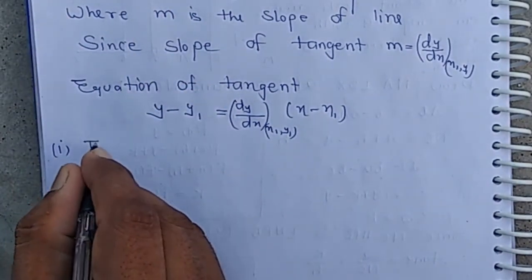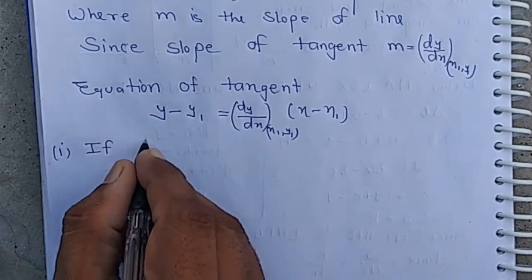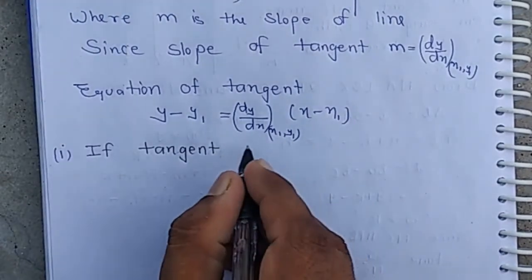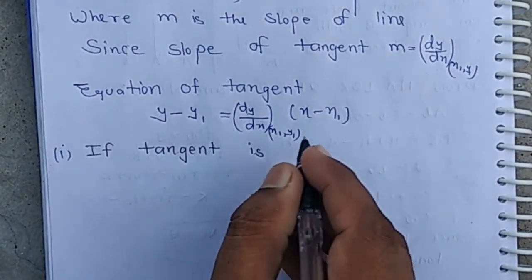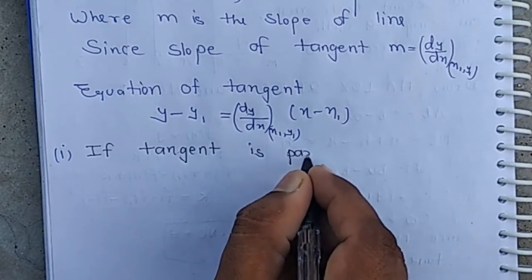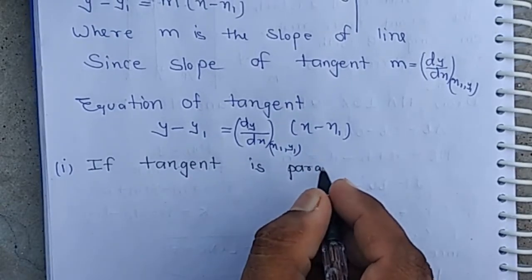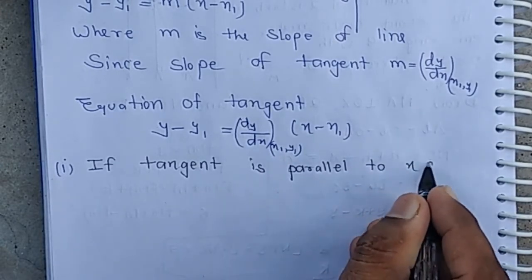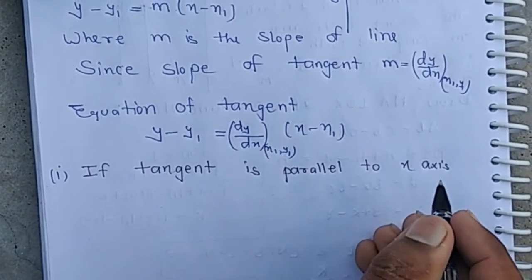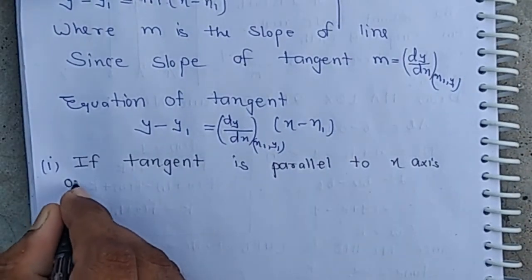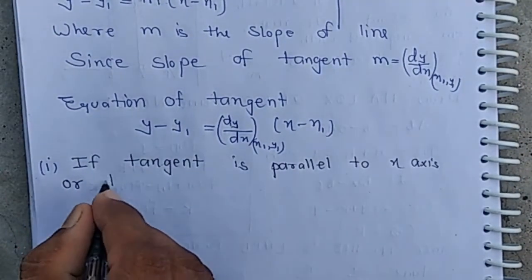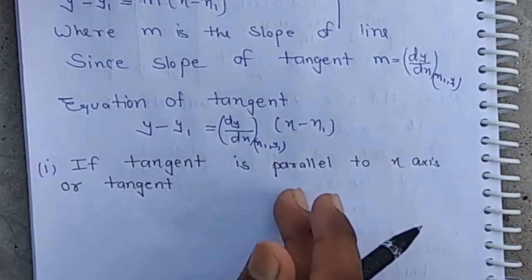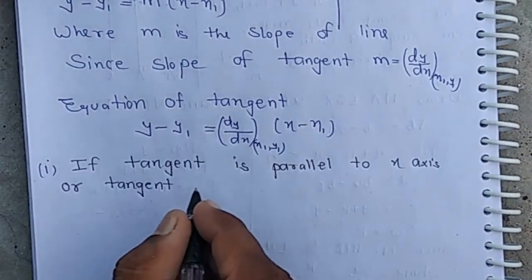If the tangent is parallel to the x-axis, or we can say the tangent is parallel to the x-axis means perpendicular to the y-axis.